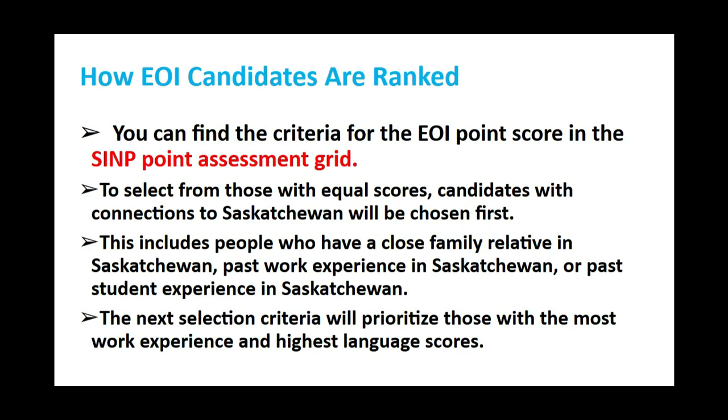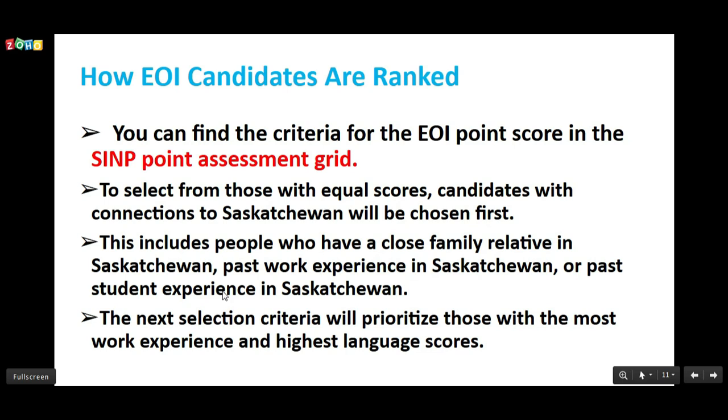So who will be given priority? SINP has stated that they will first choose the people who have close relatives in Saskatchewan, or any past work experience or past student experience. Those people will be given first priority.